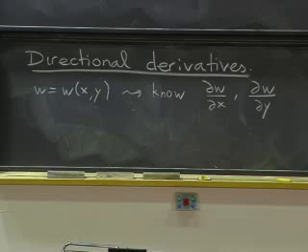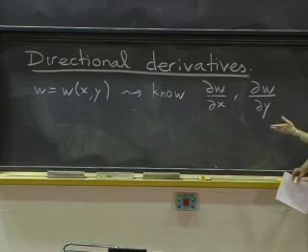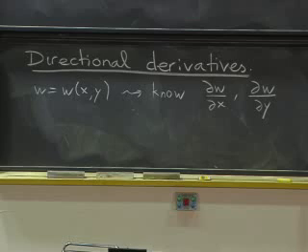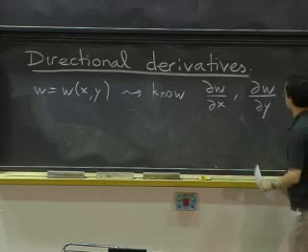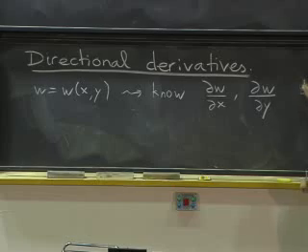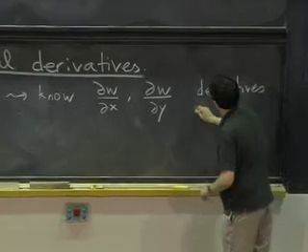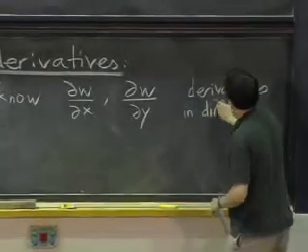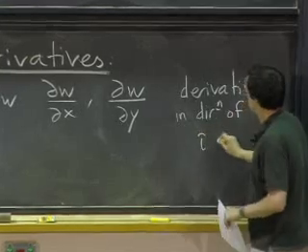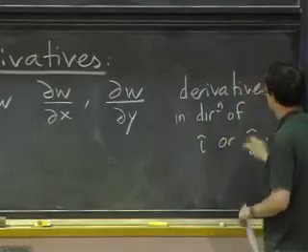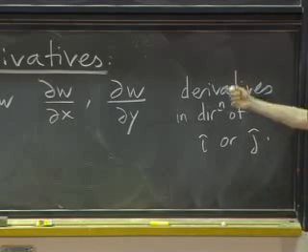Well, of course, we've seen approximation formulas and so on. But we can still ask, is there a derivative in every direction? And that's basically, yes, that's the directional derivative. Okay, so these are derivatives in the direction of i hat or j hat, the vectors that go along the x or the y-axis.